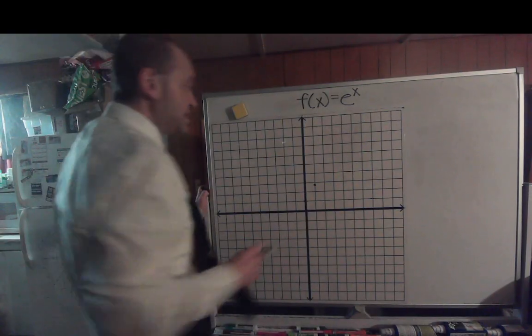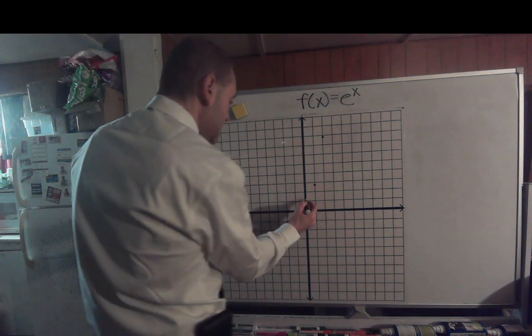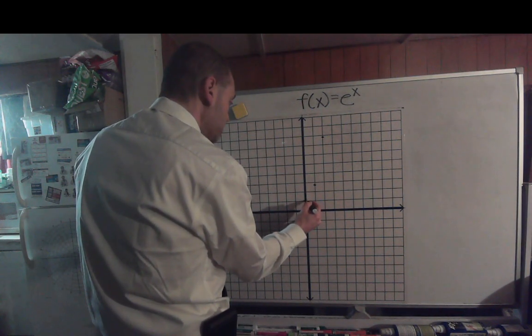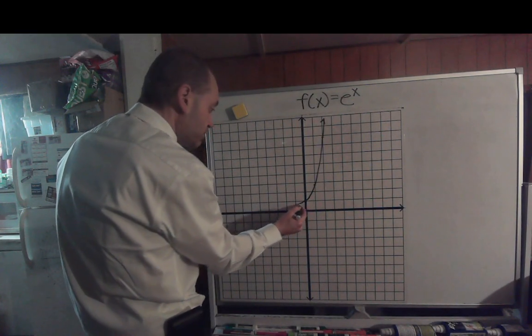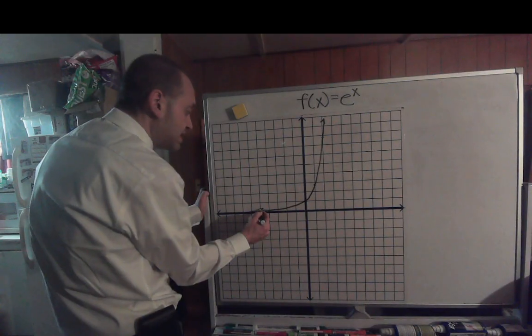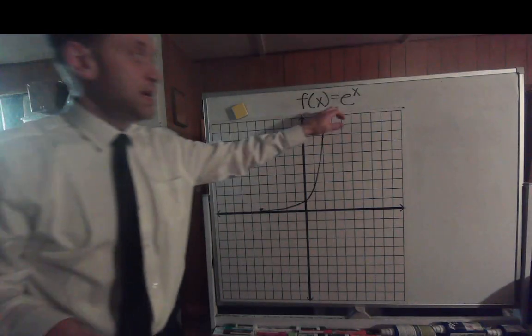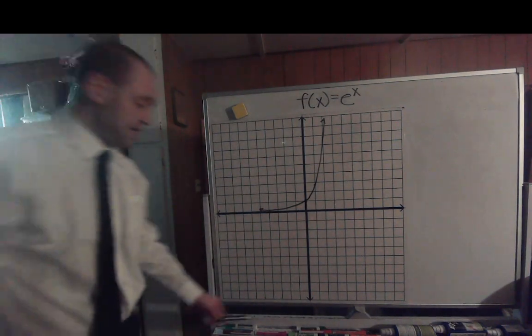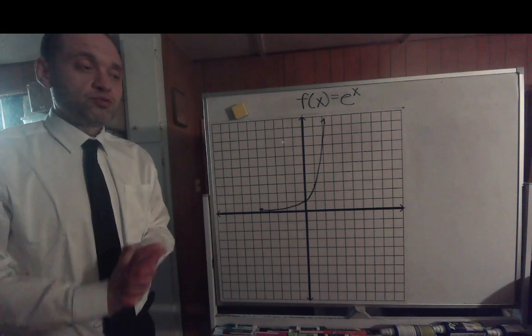Then e to the second, you would be somewhere in here. So your graph is going to look a lot like the other exponential functions we've done. And it's going to behave the exact same way, only it's base e. So there's your f of x equals e to the x. So really, exponential functions are pretty simple.